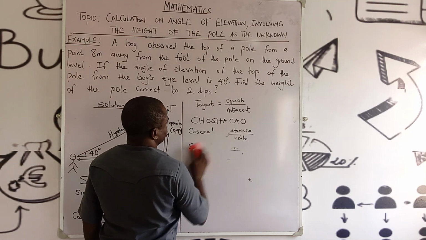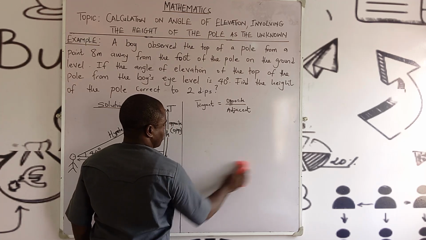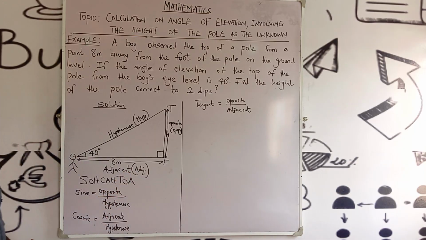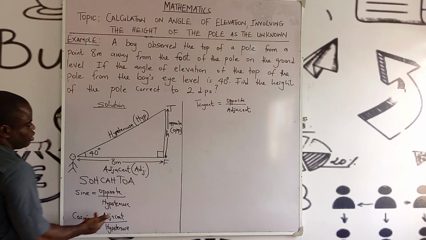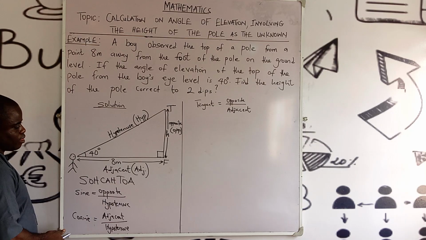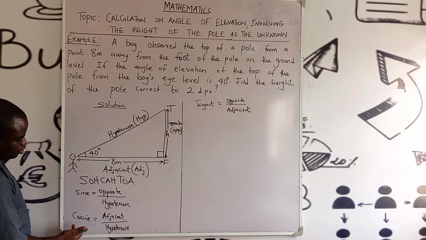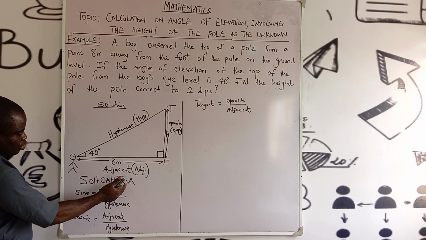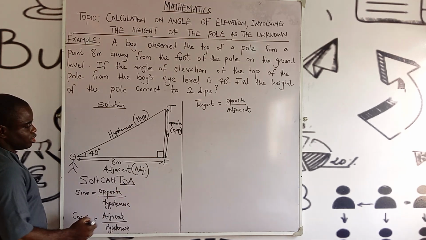But in this case, I'm going to be concentrating on the first three trigonometry functions, and we need the opposite, but we're having adjacent and the angle. Since you're having adjacent and the opposite, we are going to use TOA.